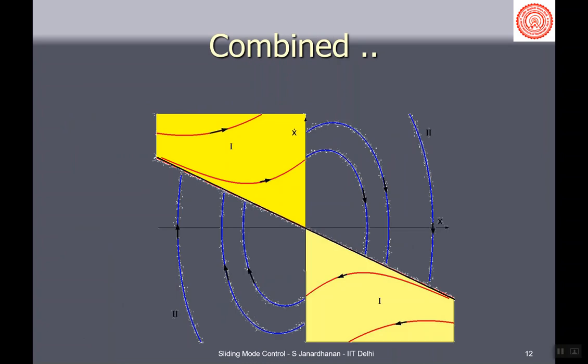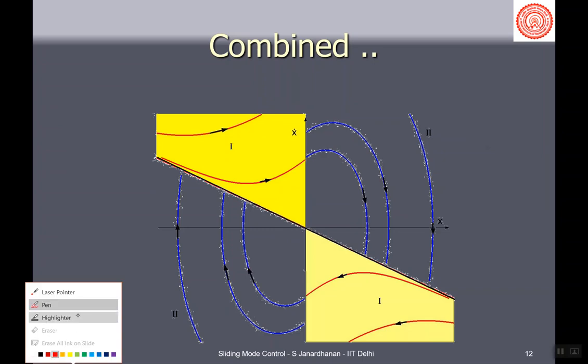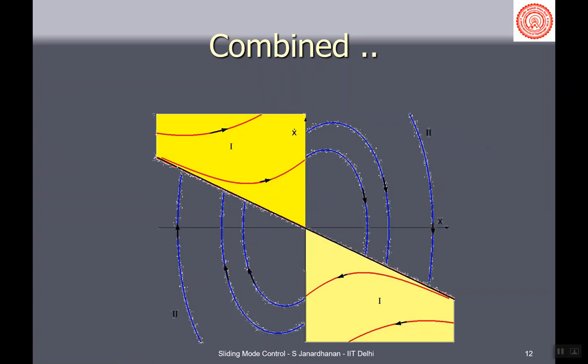Let me take a different pen color. So the point goes like this, and then it will go like this, and then it will go like this. Again, you are getting stability out of a combination of two systems which were unstable. Something very similar to the first example that we had seen.